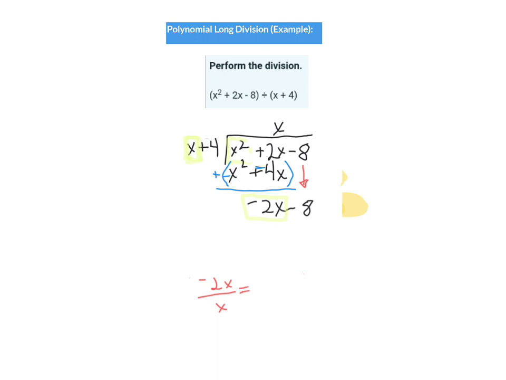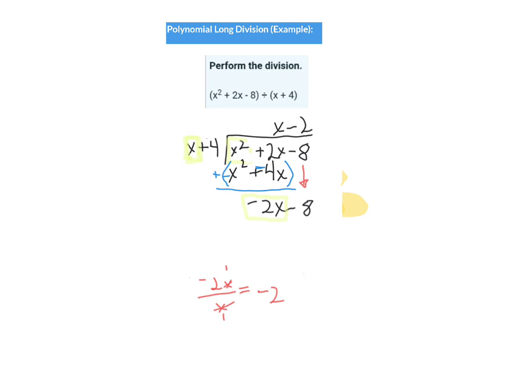Simplify that to get the next term in our quotient. So we see that our x's will cancel, and we'll end up with a negative 2. All right, so where do we put that? We're going to put that up here at the top after that x. So we'll have x minus 2.